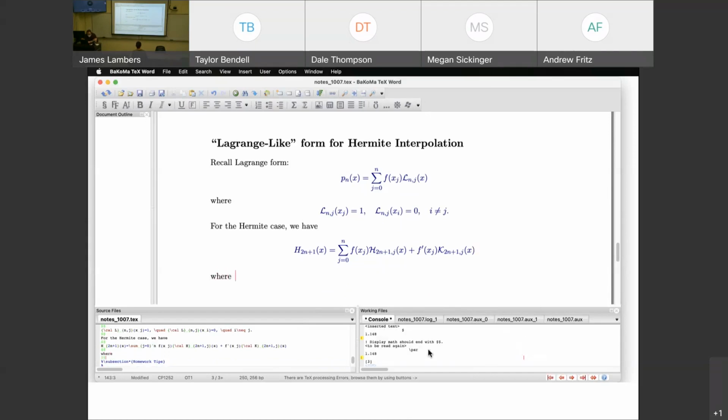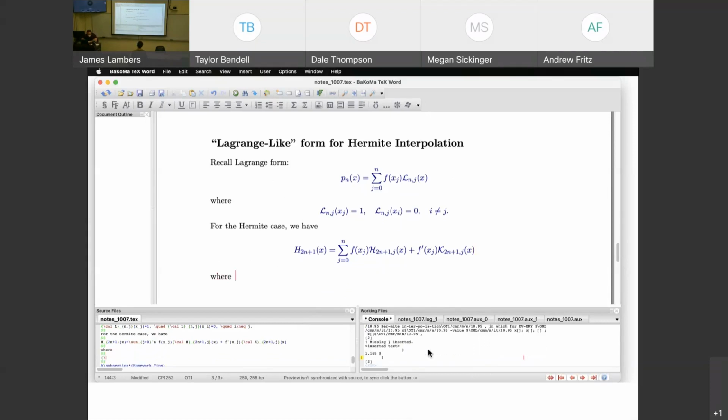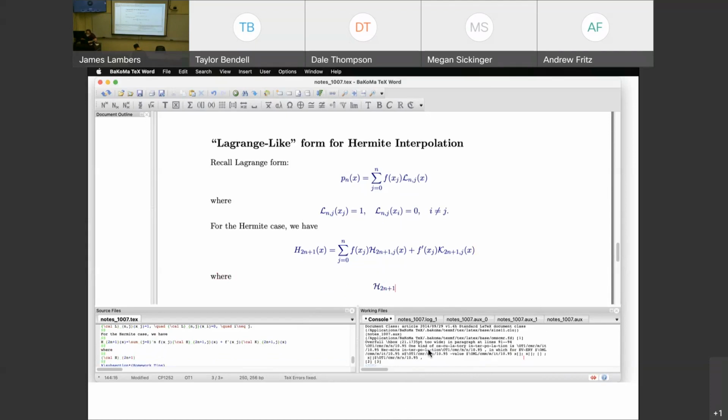So first, the conditions that the h's have to satisfy are similar to Lagrange. If I have a jth polynomial and I substitute in xj, I need to get 1. If I substitute any other x value, I need to get 0.